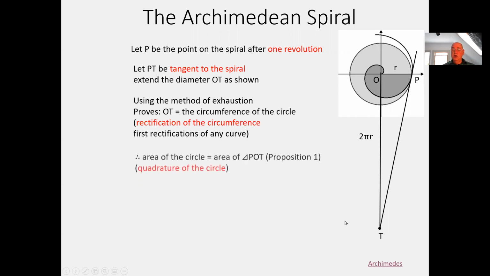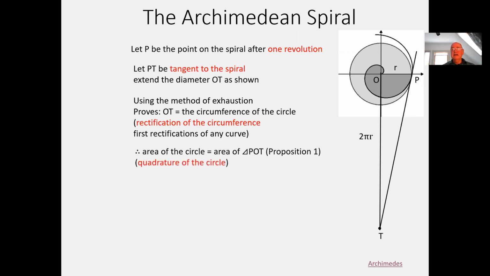But from proposition 1, look what triangle he's made. He's made a triangle of a base of the circumference and a height of the radius. Isn't that the area of the circle? Isn't that exactly what proposition 1 is? He has now constructed the quadrature of the circle. He's now constructed the triangle.